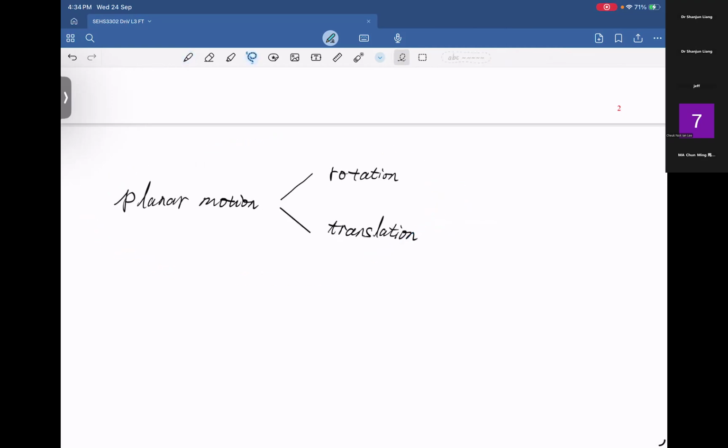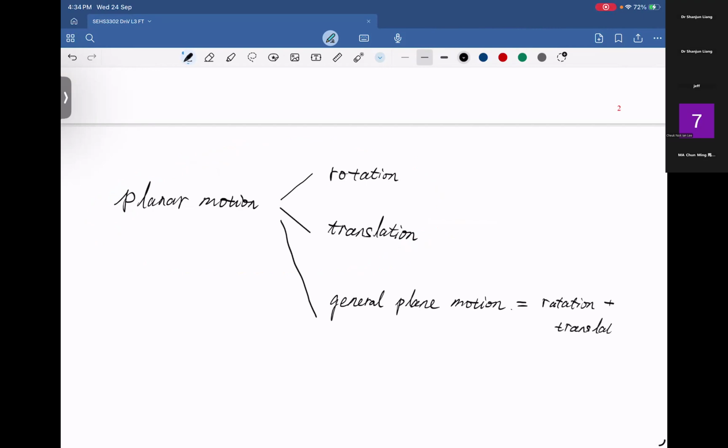If we put them together, we get another, more complicated motion. We call it the general plane motion, 一般平面运动. So it is rotation and translation that happen together on a rigid body.